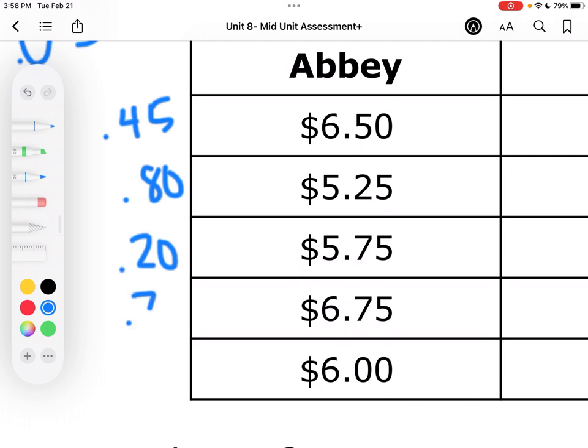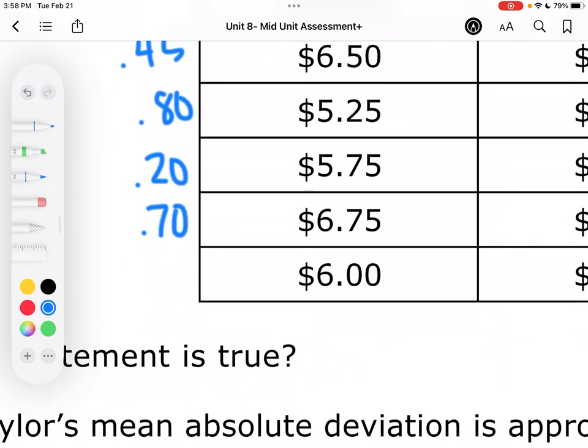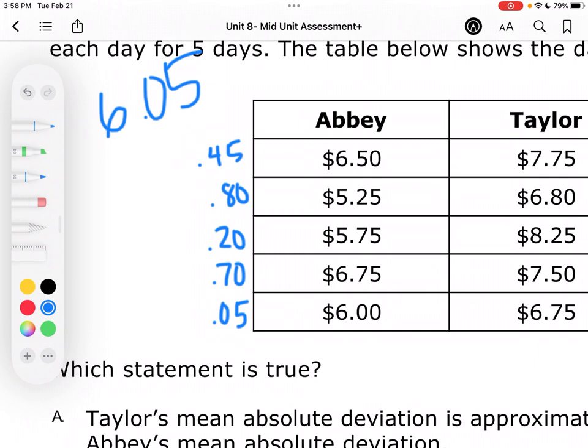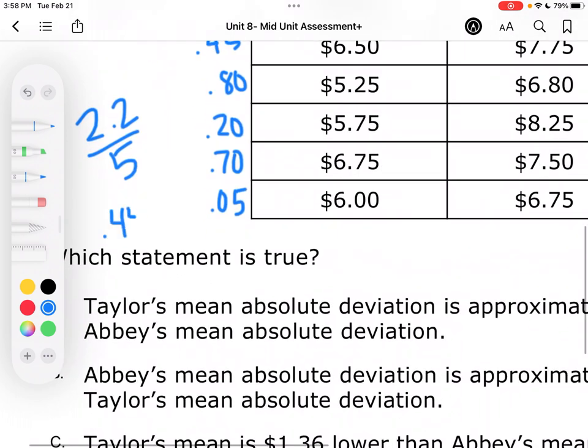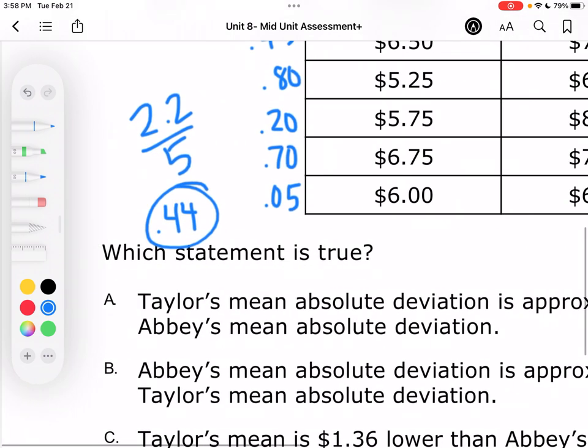Remember, it's always positive because it's mean absolute deviation. So then I add up my differences. And then I divide by 5. So I got 0.44. So that's my MAD.